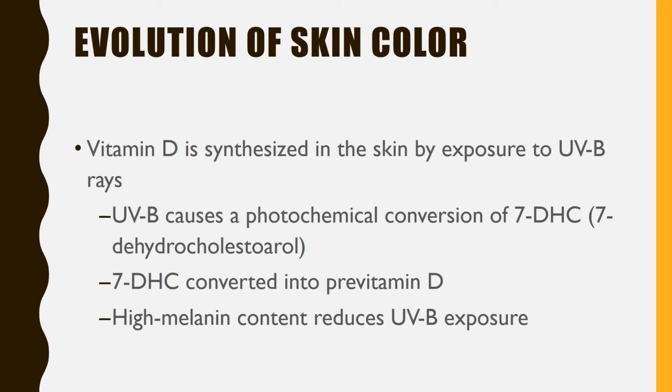So as I was saying, vitamin D is synthesized in the skin by exposure to UVB rays. UVB will cause a photochemical conversion of molecules in our body. This is properly referred to as 7-DHC, or 7-dehydrocholesterol, which is turned into what we call pre-vitamin D. If an individual has high levels of melanin content in their skin, then the exposure to UVB rays will be decreased.